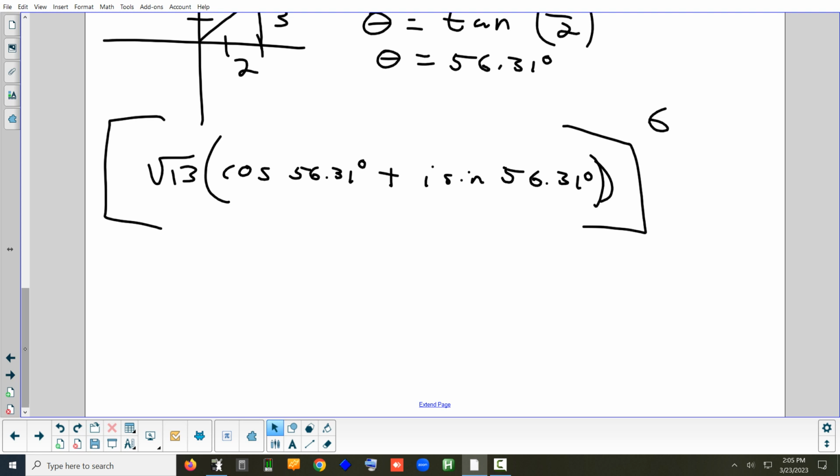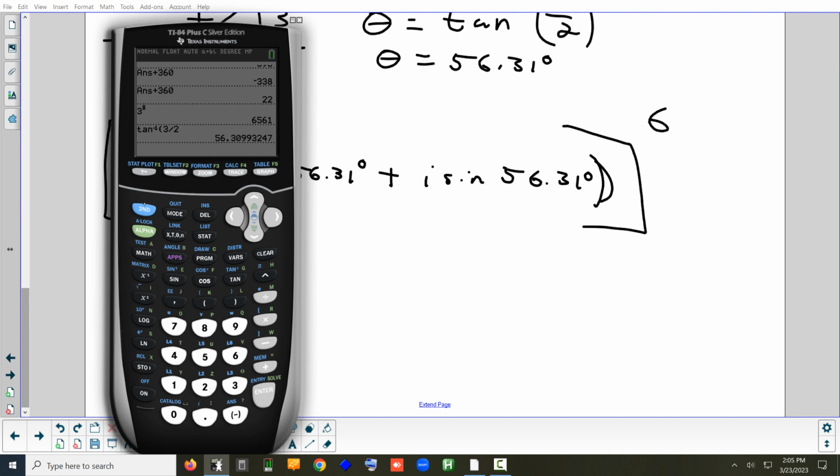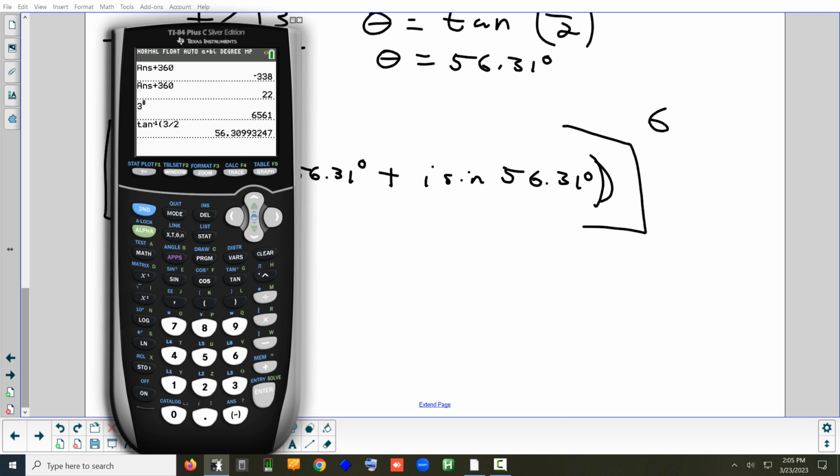Now, this part is the easy part, once we get it in trig form. How do we get the radius in the final answer? Square root 13 to the power of 6. So we're going to need a calculator for that. Square root 13 to the power of 6. You need to make sure the power is on the outside.